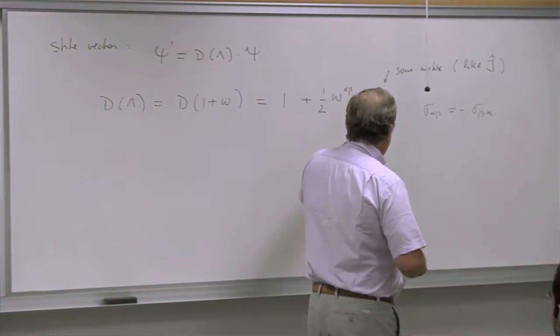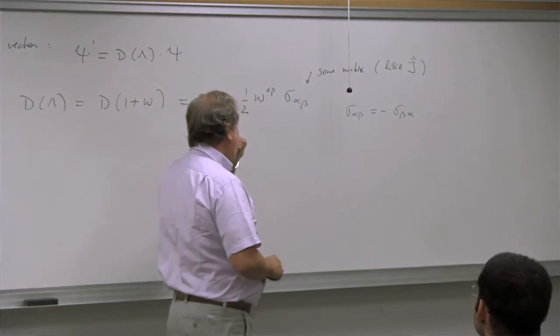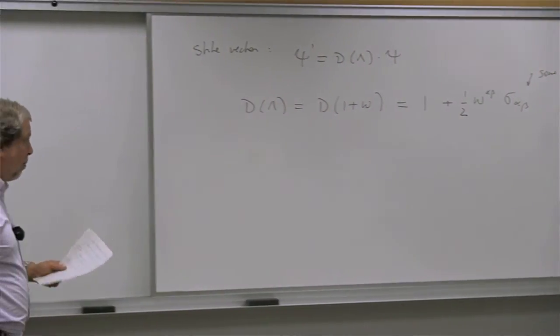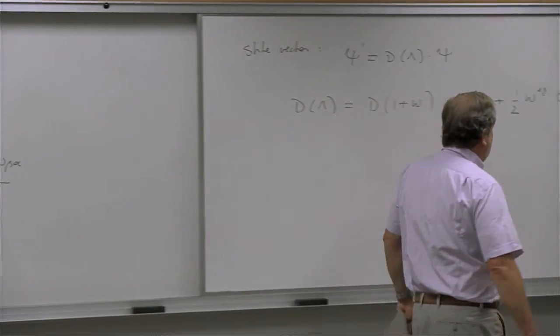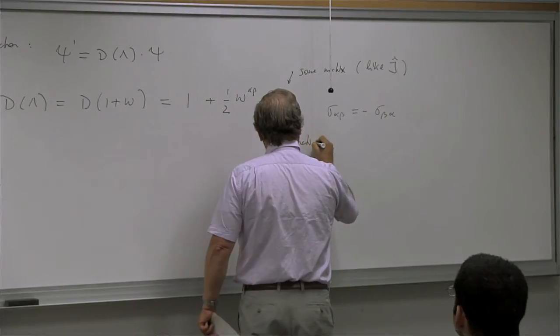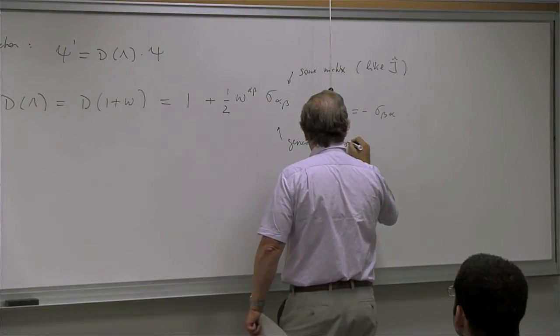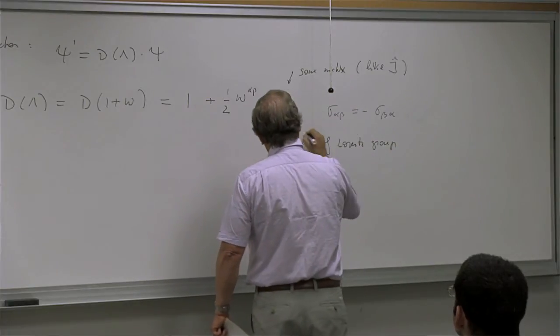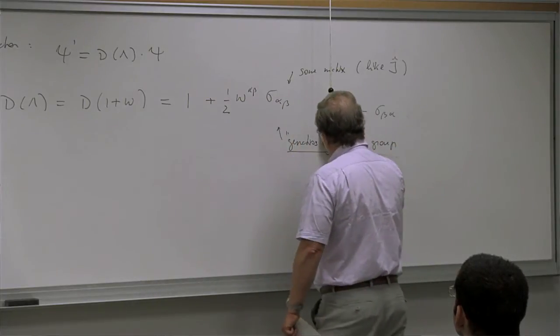And so these are going to be some sort of angular momentum matrices, and those are the ones that we want to determine. They are the so-called generators of the Lorentz group.